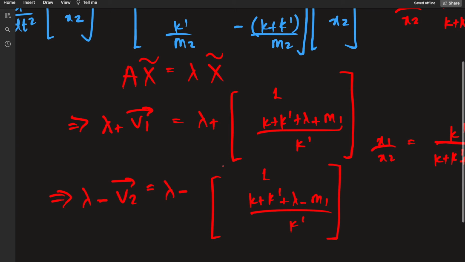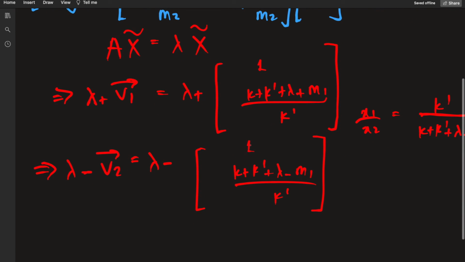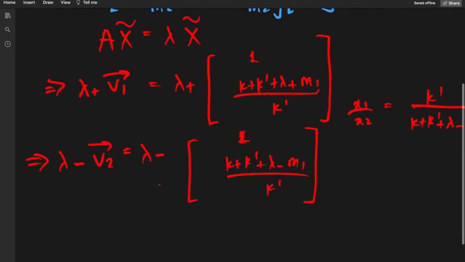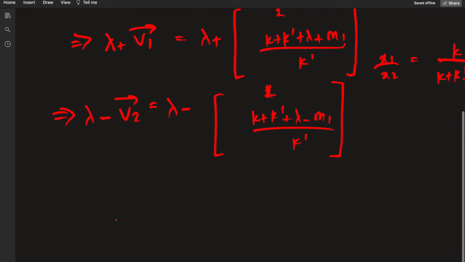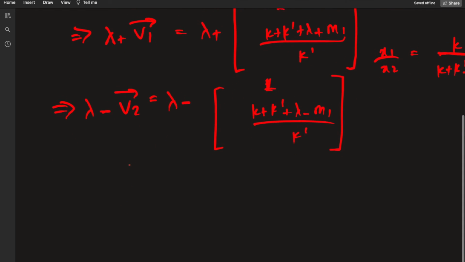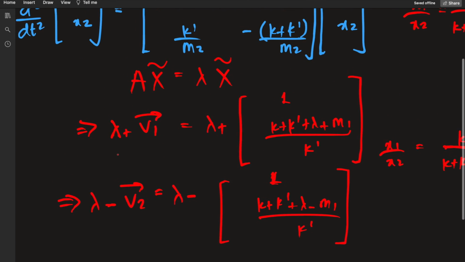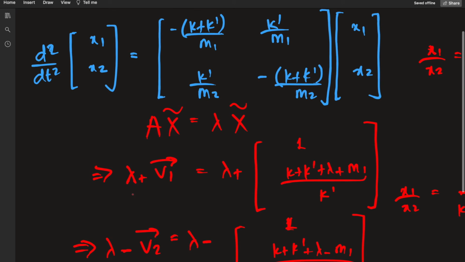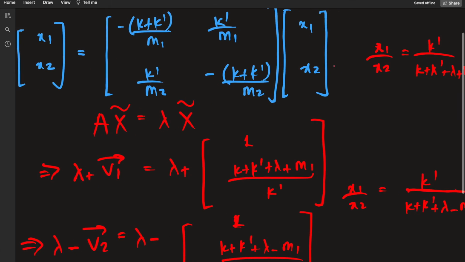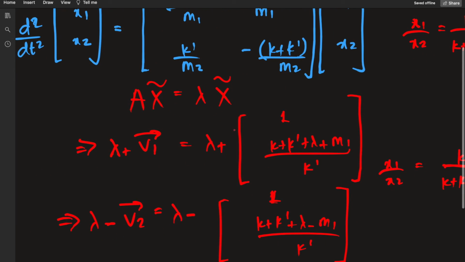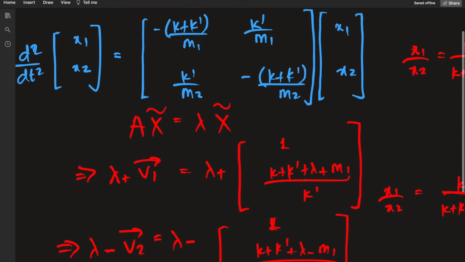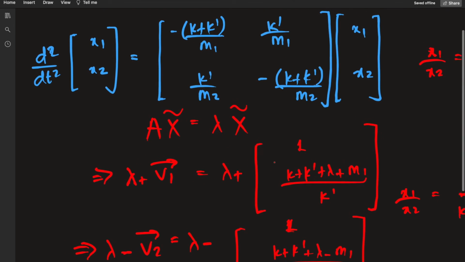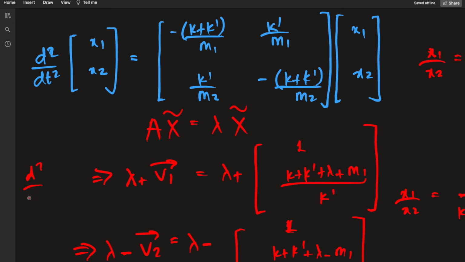That's the condition if we want to successfully break our system down into this. Okay, now let's solve for each successive case. So let's solve for the lambda plus case, because if x1 and x2 satisfy this condition, this can be broken down into lambda plus times this eigenvector, but all of that is still equal to the second derivative with respect to time of x1 and x2.